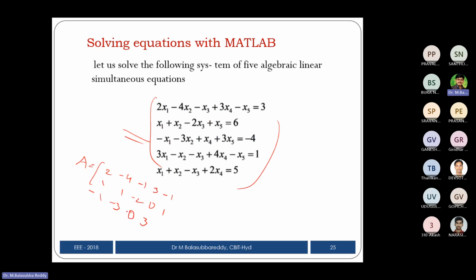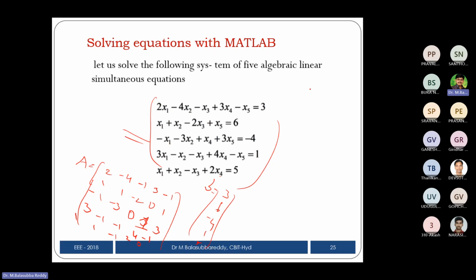This is 0, this is 1, this is 3. And here is 3, -1, -1. 4 is 1, 2, 3, fourth value is 4, fifth value is -1. And 1, 1, -1, 2, 0. That's all, A. And B values are 3, 6, -4, 1, 5.